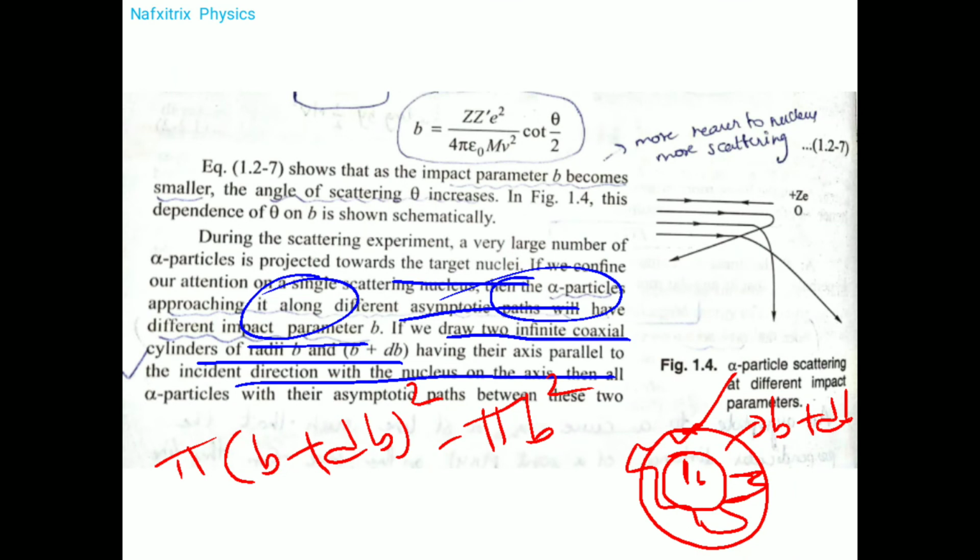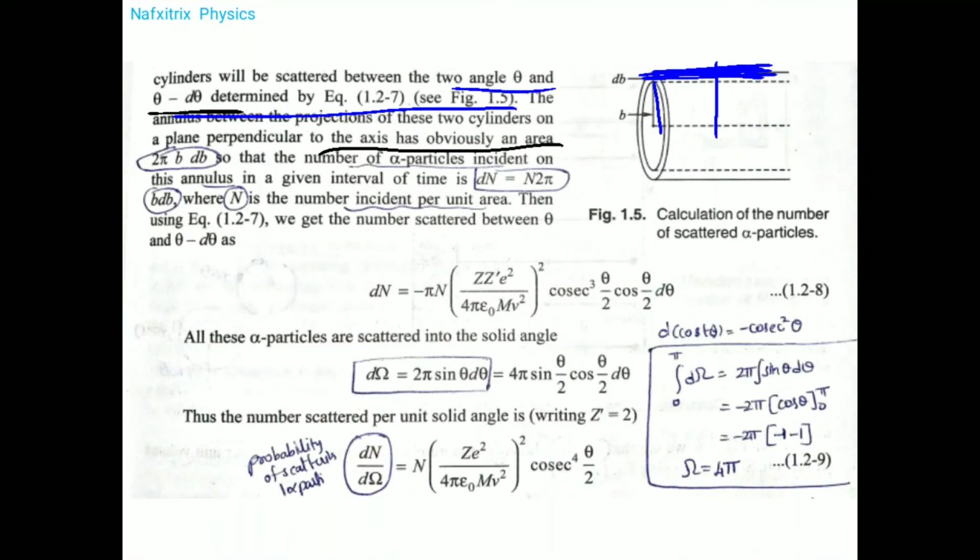So these are alpha particles moving in between b and b plus db. If we solve this we would get two terms, since (a plus b) whole square is a square plus b square plus 2ab. But we are neglecting the db whole square term because db is very small. So we get 2 pi b db.